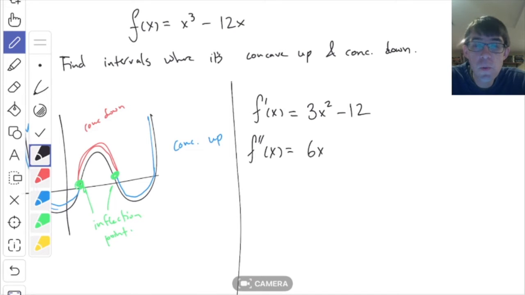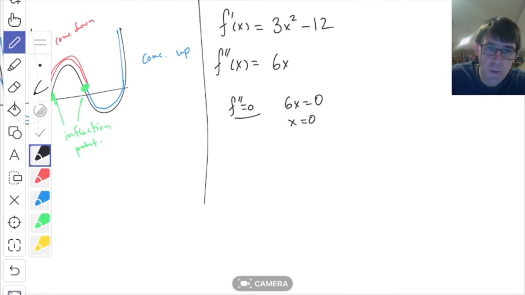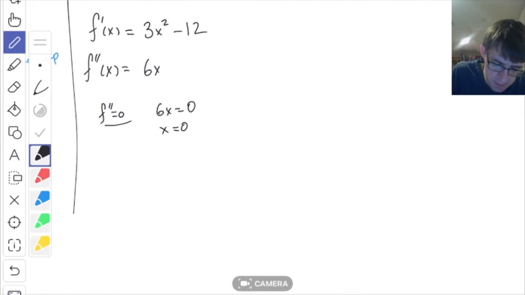We want to know when the second derivative is positive versus negative. To do that, we make a little chart as we usually do, but this time it's going to be a chart involving the second derivative, not the first derivative. So I'm going to set this equal to 0. 6x equals 0, solve for x, I get x equals 0. And then I also say when this does not exist, but this one always exists.